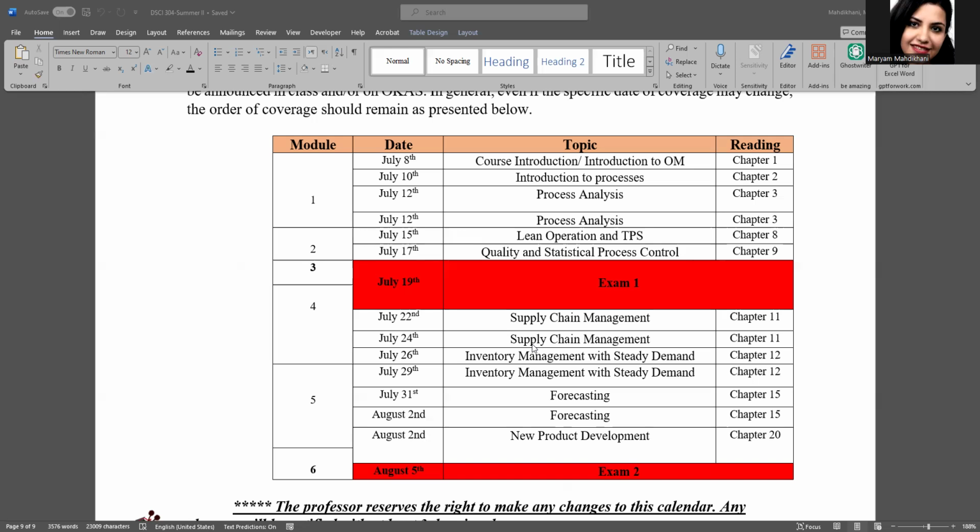I wouldn't accept it if you just send me an email on the day of the exam saying that I had some situation, I cannot take the exam today, can I take it tomorrow? That is not acceptable, because I already make sure that everybody has access to the exam on the day of the exam. So if you want to take the exam at a different time, you should let me know at least 3 days before the exam time.